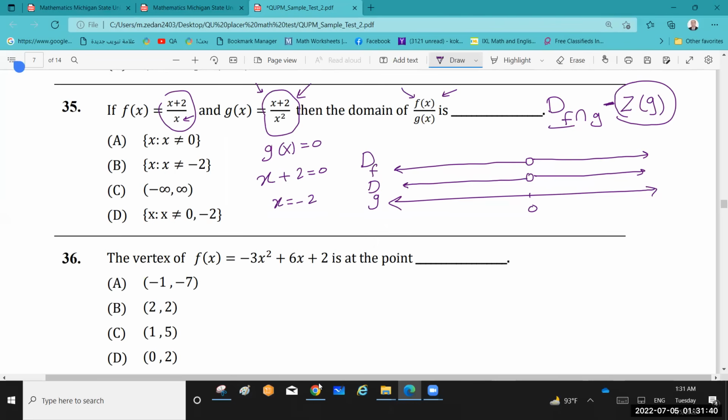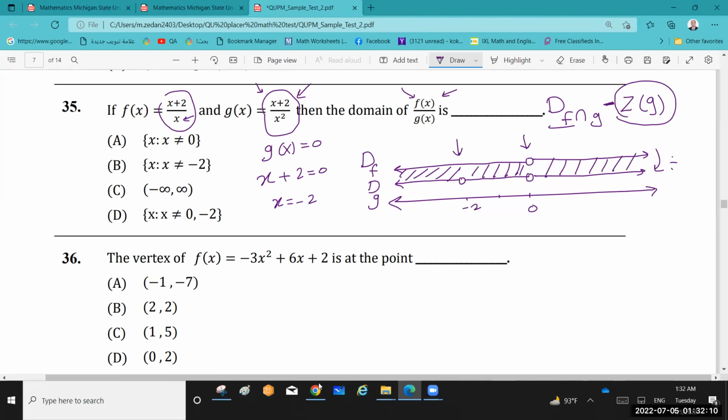Now negative 2 will be excluded also from the domain of g. So negative 2 will be excluded here also, just make a hollow circle, negative 2. Now divide this by this. What's the intersection, I mean? So the intersection is all of the number line except this point and this point.